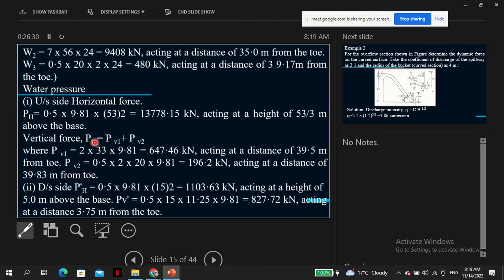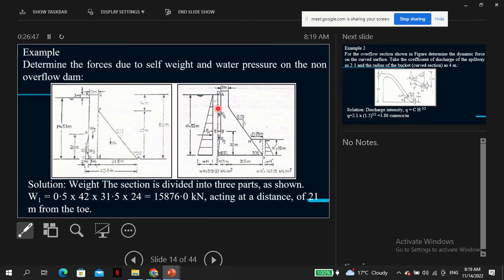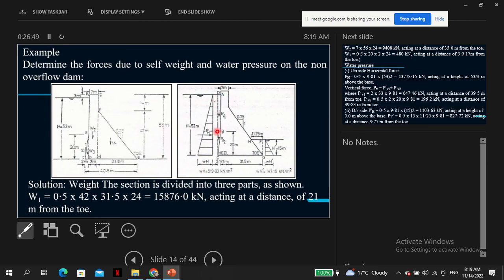So this is how to calculate PV1 and PV2, and then the acting positions you can find, as I was telling you. Again, the centers of these, it should be fairly straightforward. So the center of mass of this one and the center of mass of this one, of course with reference to the toe.